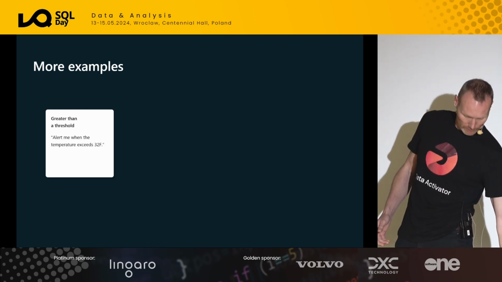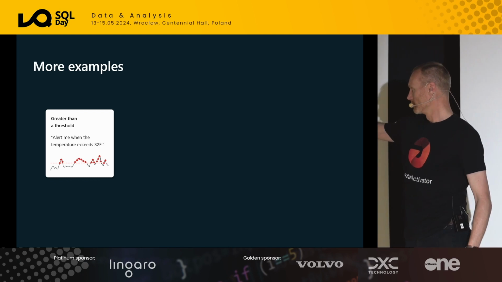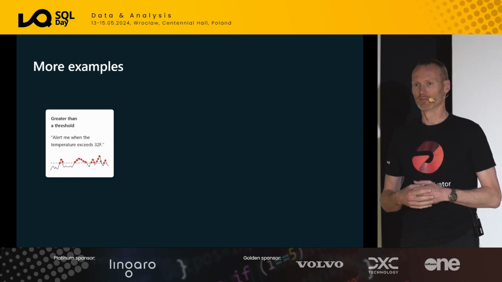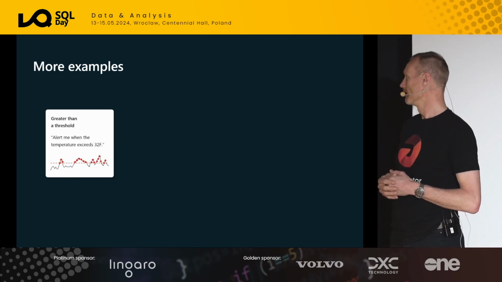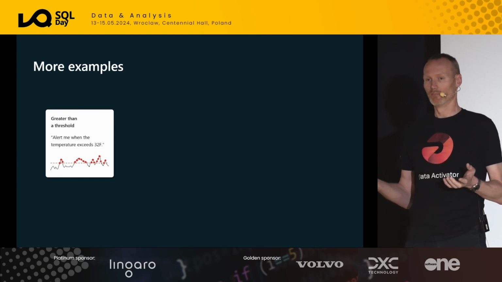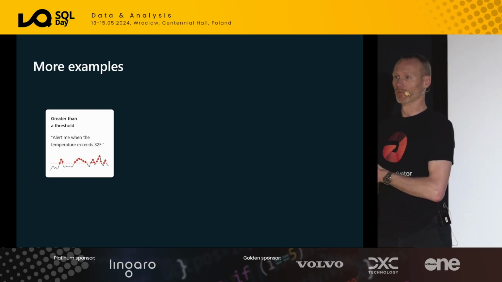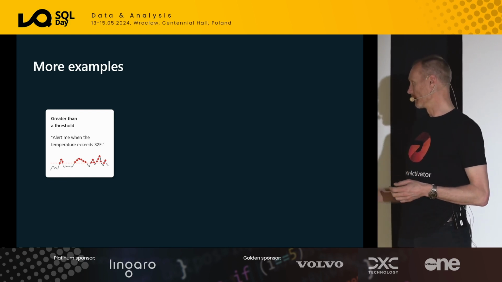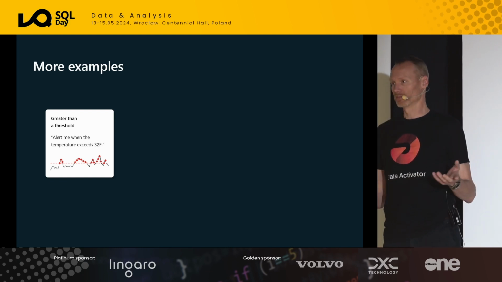The data coming in here is the red dotted line. That is when the temperature is above 32 degrees. So I get quite a high number of alerts here, which is maybe what I need. But if my data is coming in on a 5-minute interval, then I will be getting maybe 10 alerts every hour.